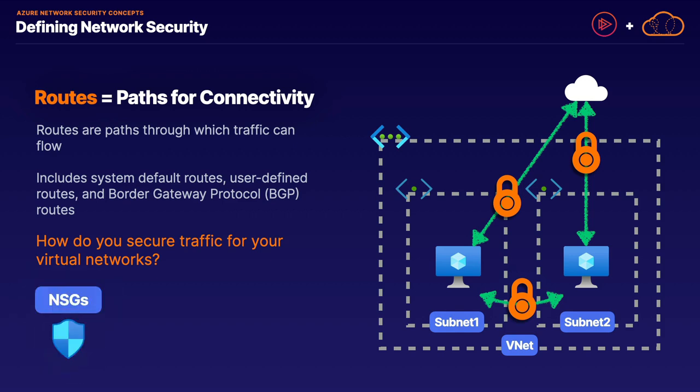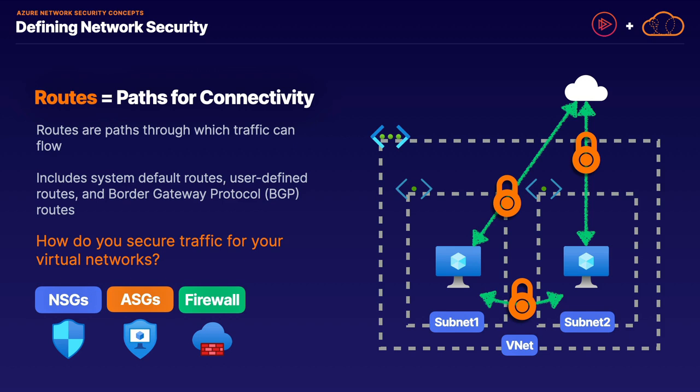We have network security groups, application security groups, and Azure Firewall, just to name a couple. And these are the few that we will cover in this section. Azure Firewall we'll cover in more depth in a later section, but I wanted to introduce it at this point so we can juxtapose Azure Firewall and network security groups so that we can better understand how these are not competing solutions, but rather solutions to be used in unison for a defense in depth strategy.